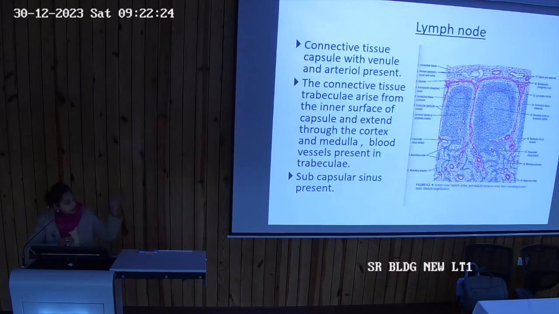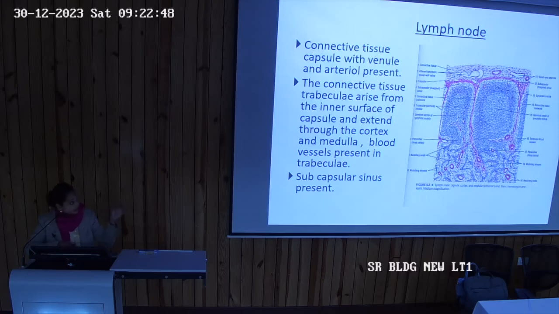Now this cortex part is again divided into the nodular cortex, which has the lymphatic nodule, and the paracortex, which is present adjacent to the medullary cords. This region basically consists of T lymphocytes. Okay. So there is the cortex, the nodular cortex, which has lymphatic nodules. Key feature is the germinal center.